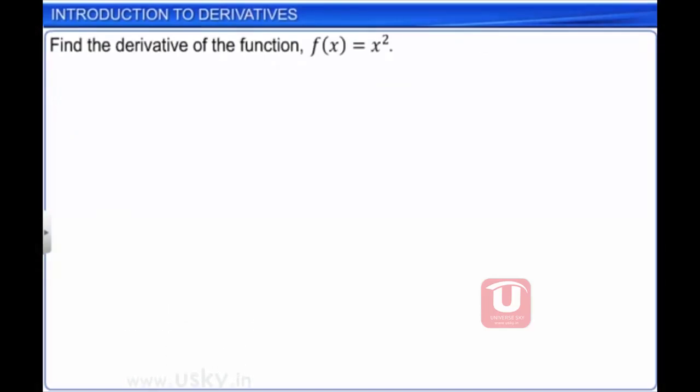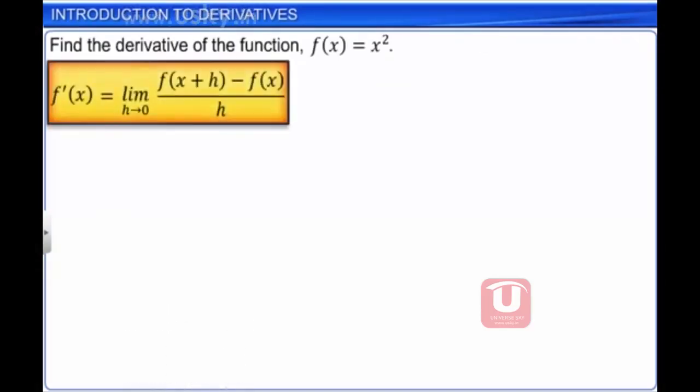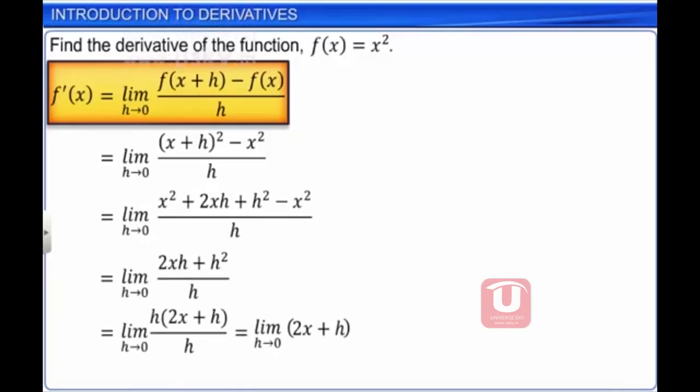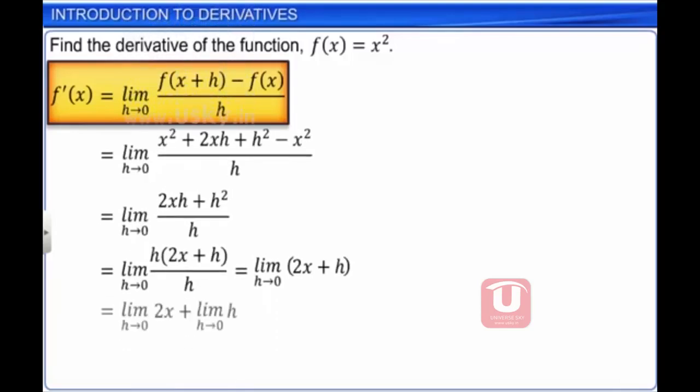The derivative is found as shown. Now, we will simplify the numerator. Therefore, the derivative of the function x squared is 2x.